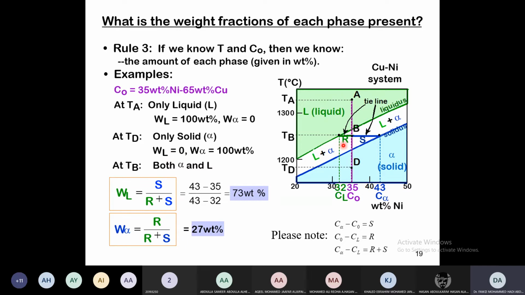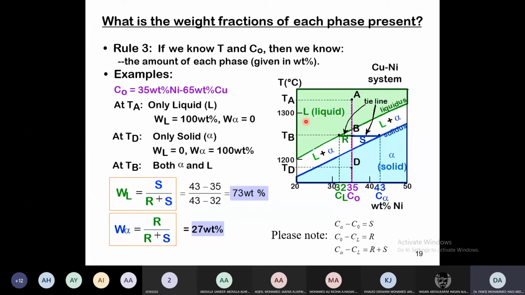If we want to determine the weight percentage of the liquid, if we apply the lever rule, the weight fraction of the liquid will equal the proportion of S to the total tie line.